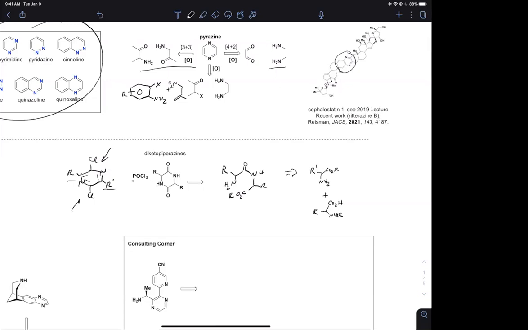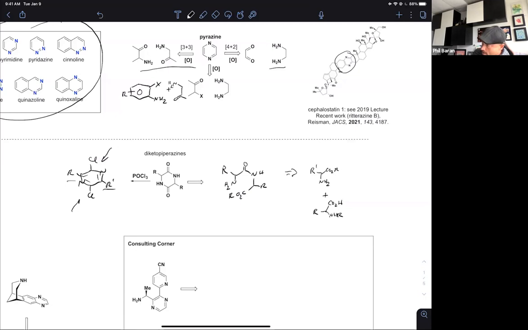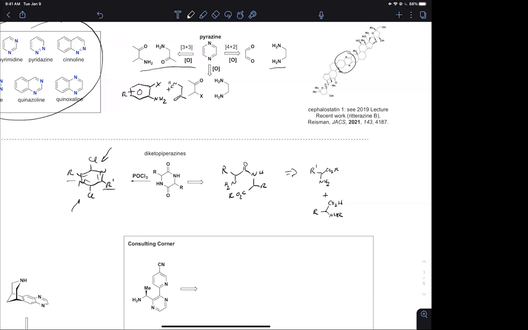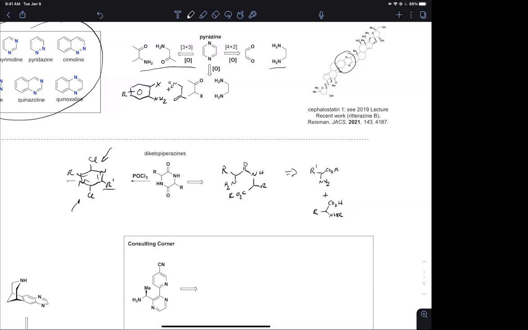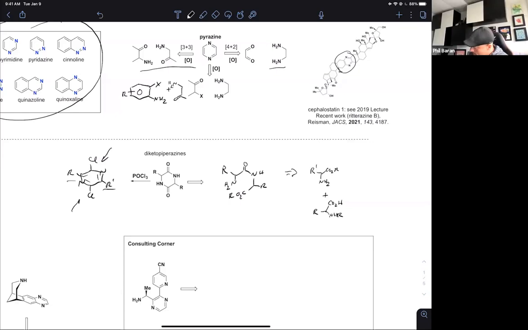Do you still have to have those substituents there for the condensation to proceed? What do you mean, what substitution? Do you have to have, for example, the alpha methyl on the ketone? No, it's pretty general. It would work with any alkyl group. Okay. Yeah.